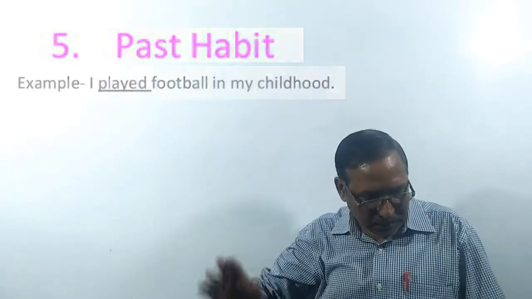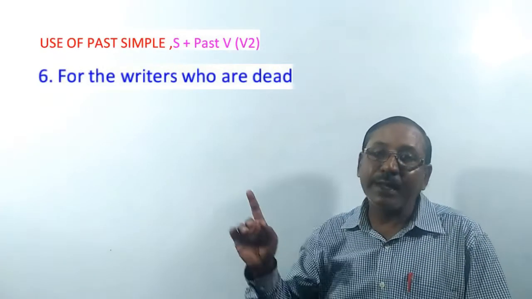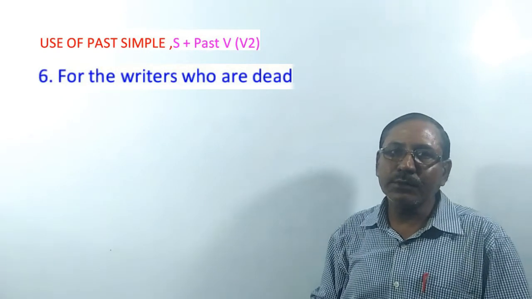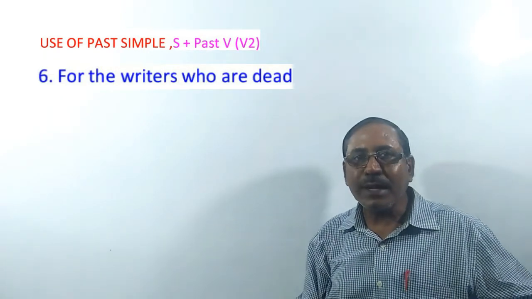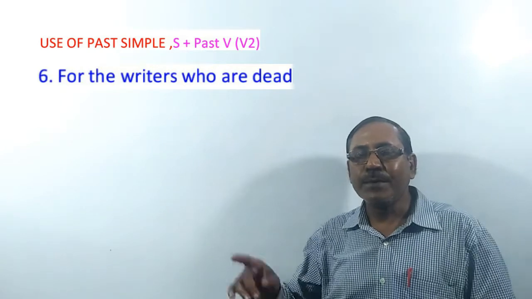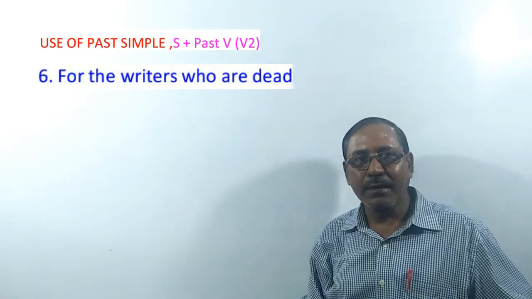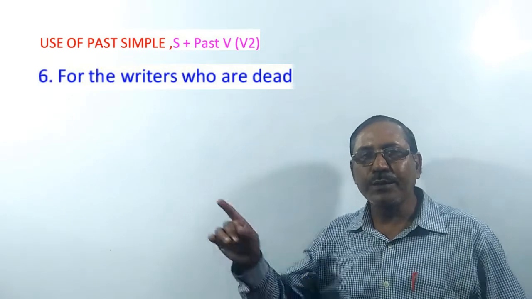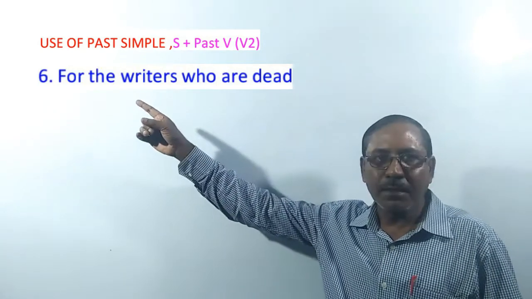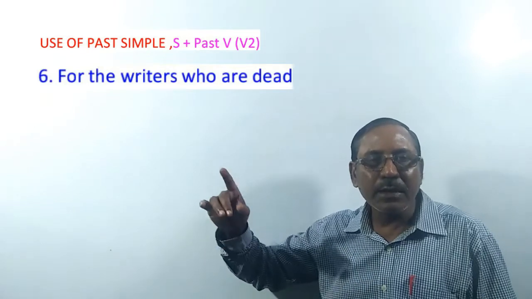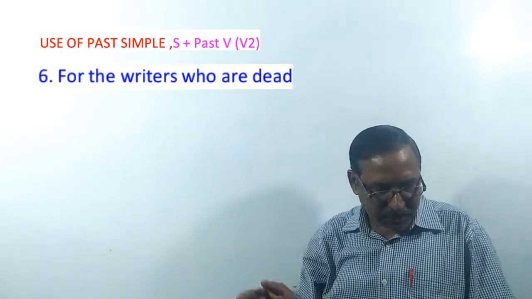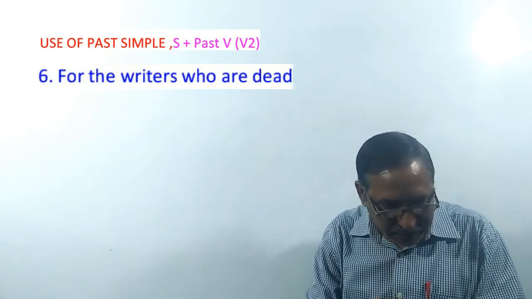Clear? Then for writers who are dead: you have remembered that for writers who are alive, we use present perfect. Similarly, for dead writers, we use past simple. That means Fakir Mohan wrote a lot of stories because he is dead.